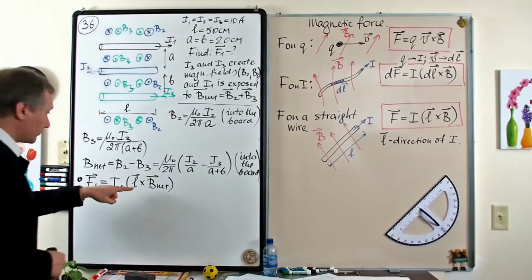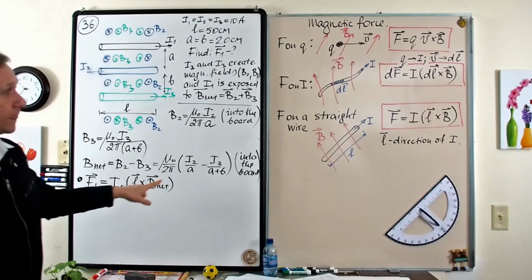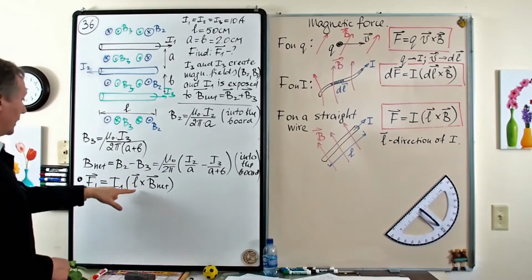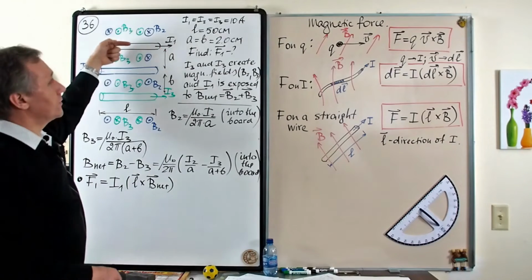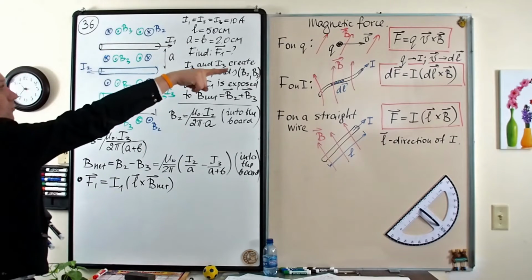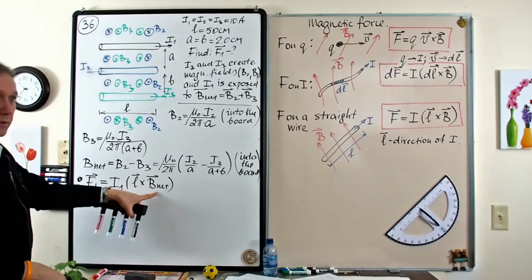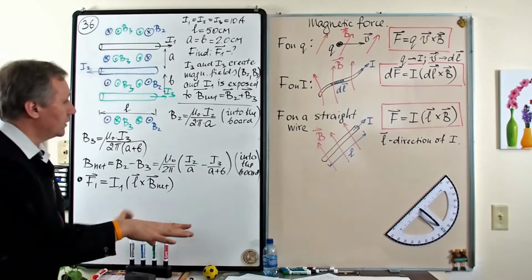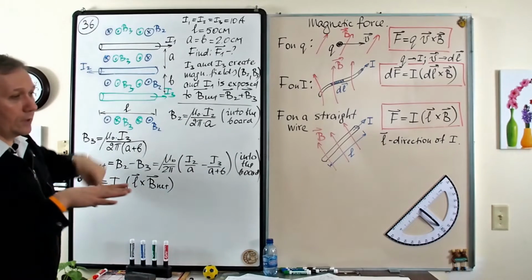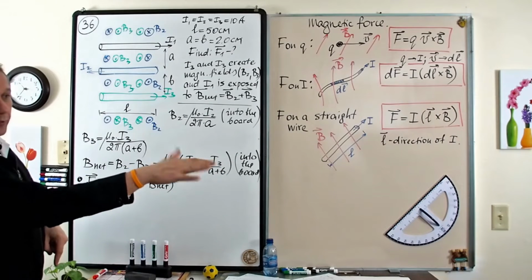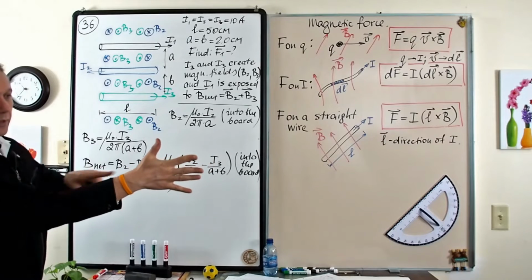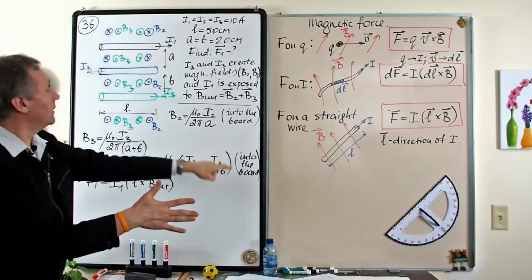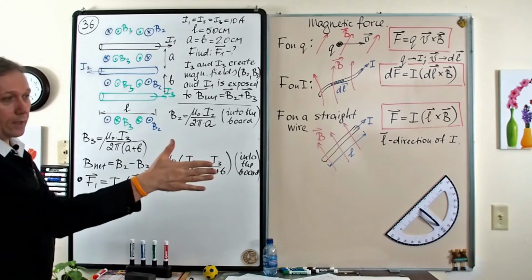Direction of L, you remember, is determined by the direction of the current. So in our case, direction of L is determined by the direction of I1. So L that way. Then you need to cross it with B. B is into the board. So L cross B, I have to position my hand like this, right? So L that way in the direction of the current, then B net is into the board, so L cross B.